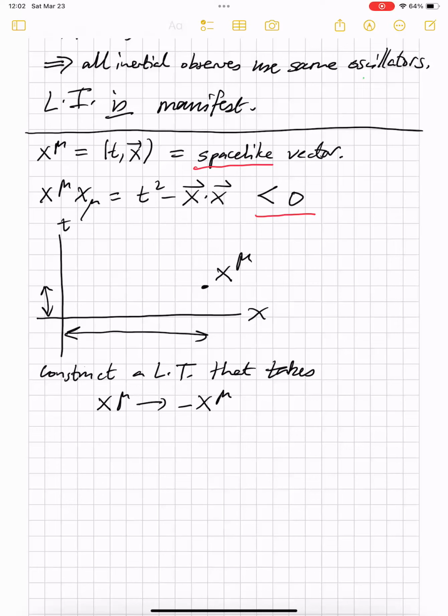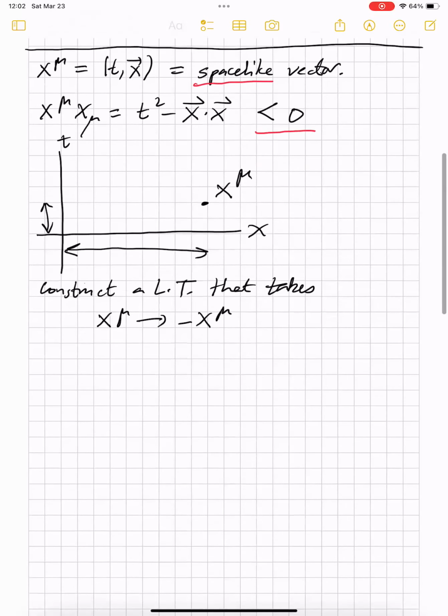And remember, it's only possible to find such a Lorentz transformation for a space-like vector. If your vector is time-like or light-like or null, so light-like and null mean the same thing, you cannot use a Lorentz transformation to change it into minus itself. That you can only have for a space-like vector.